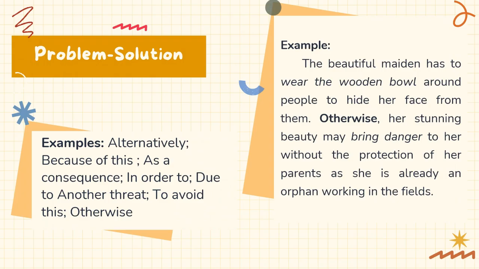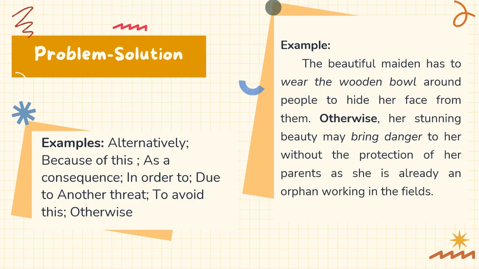Here are some of the grammatical signals that we can use in a problem solution pattern. We have alternatively, because of this, as a consequence, and so on. Here is an example text that uses this pattern. So here we have: the beautiful maiden has to wear the wooden bowl around people to hide her face from them.